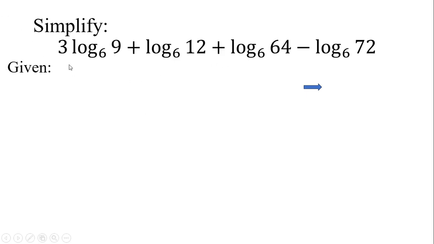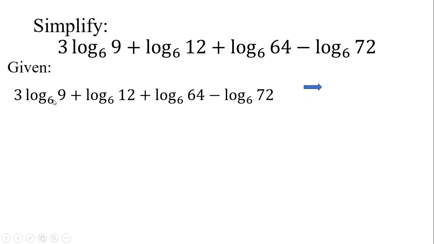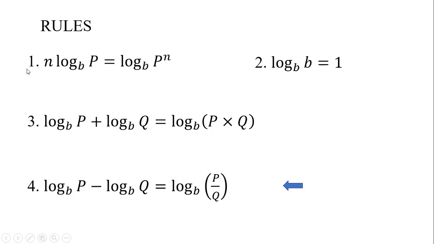Okay, let's see. We are given 3 times logarithm of 9 to base 6 plus logarithm of 12 to base 6 plus logarithm of 64 to base 6 minus logarithm of 72 to base 6. Let's check some rules that will help us answer this question.